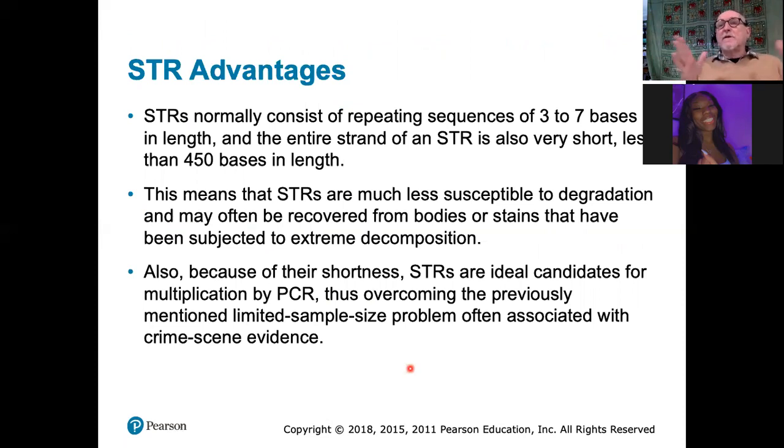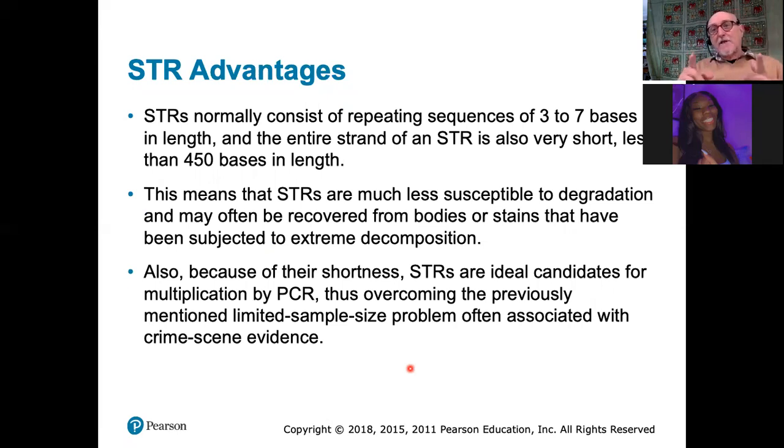And often the actual fragment itself is also very, very short, about 450 bases, something which is ideal, because in PCR there is a limit. The amount of replication that takes place is limited. It's not like in the cell where it runs for hundreds of thousands of bases. In PCR, the replication area is relatively short.